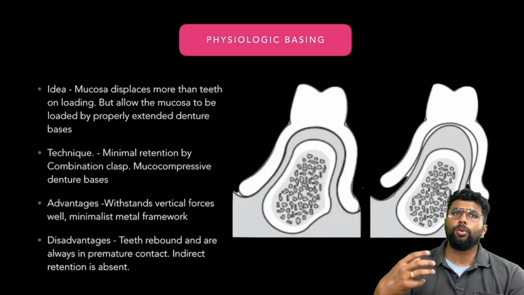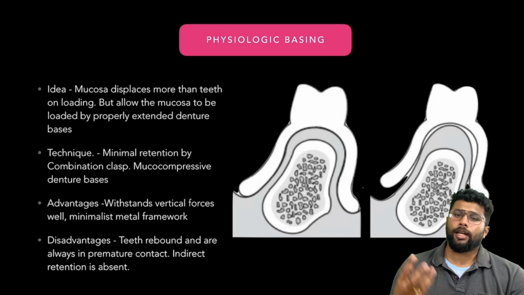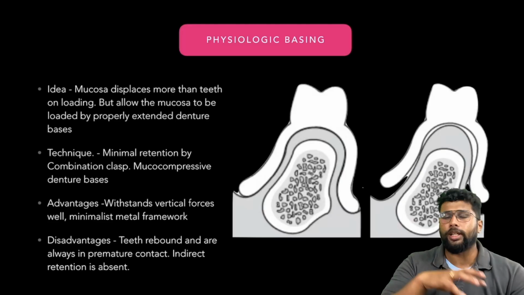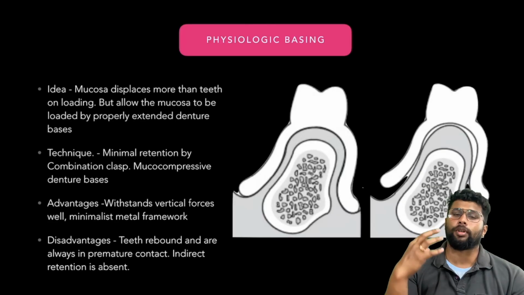We also do prefer to give rests on sound natural teeth and not on teeth which are periodontally compromised. So it's not that these concepts are only theoretical. We do apply them, but not in the form or schools of thought that they were earlier proposed. Right? So these are already a part of the standard design process.